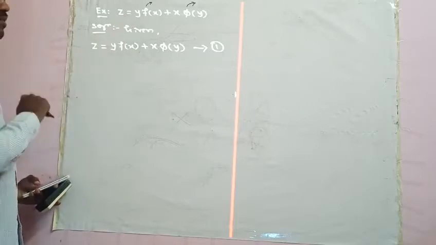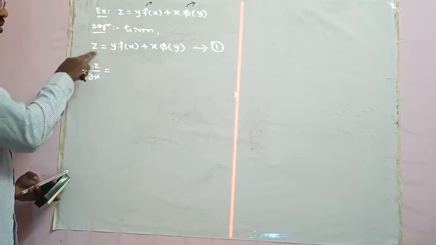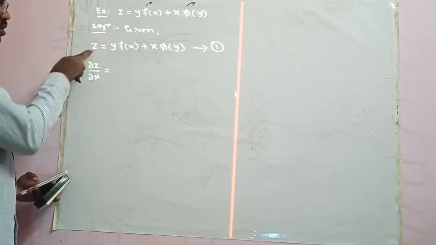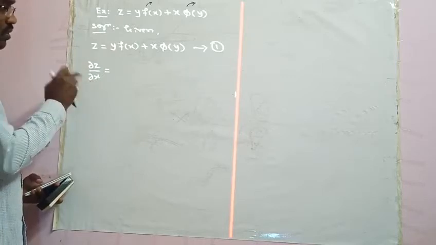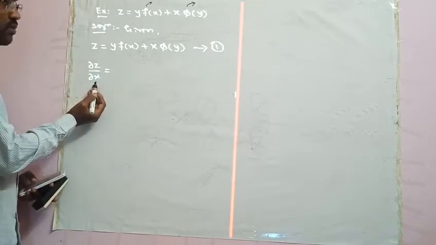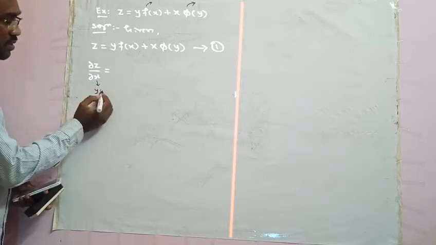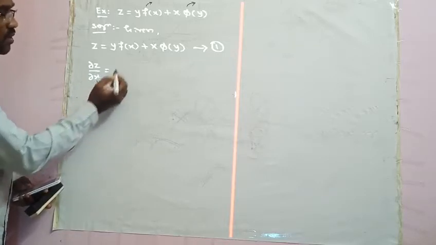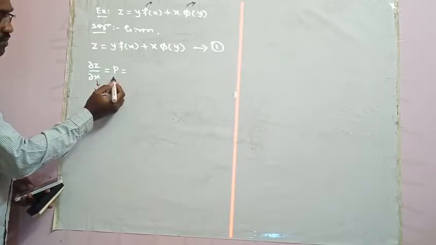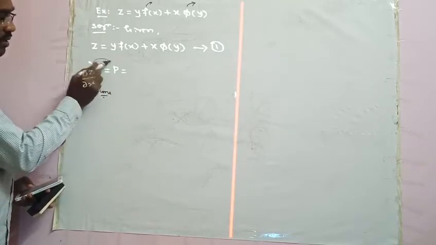We have taken the given z. Let us differentiate with respect to x. ∂z/∂x is equal to, when you are differentiating with respect to x, your y is constant. Y as it is. Let us take this ∂z/∂x as p now.